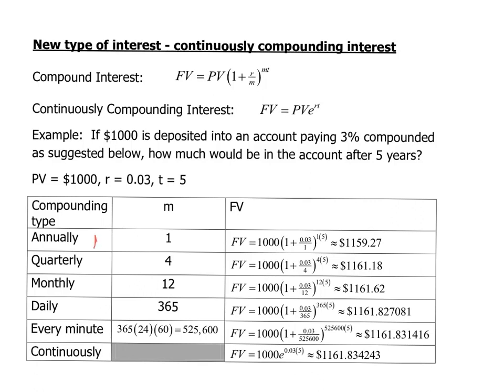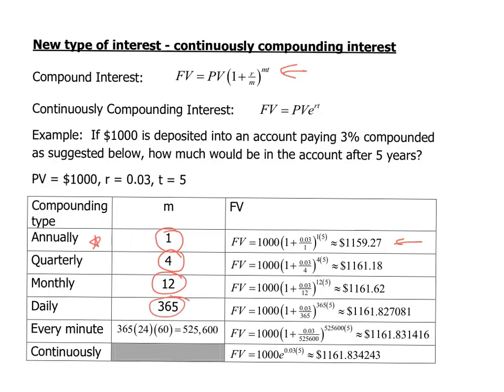If my compounding is annually, then my m value is 1, and I can plug it back into this formula with m equals 1, using that same scenario of $1,000 deposited at 3% for 5 years. And I can just look at what's happening here the more times per year that I compound.